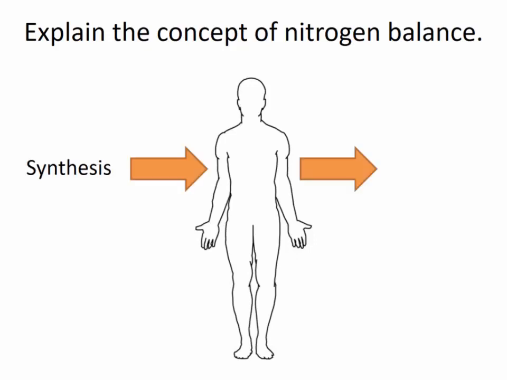Here's a body. Synthesis of proteins needs to be equal to our breakdown and loss of proteins. This overall is the concept of nitrogen balance, that we're making as many proteins as our body is breaking down or losing. Overall, in healthy adults, the rate of protein synthesis is equal to the rate of breakdown.